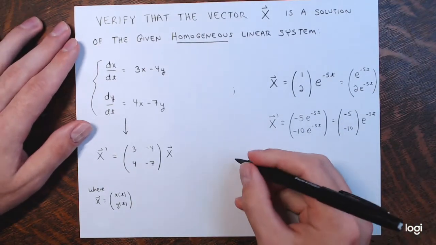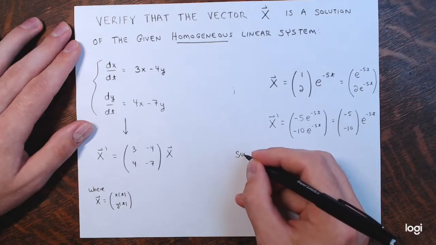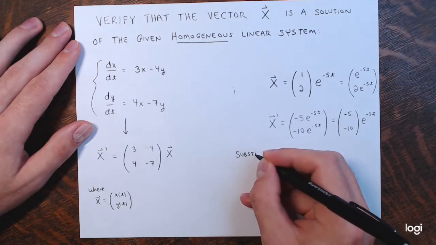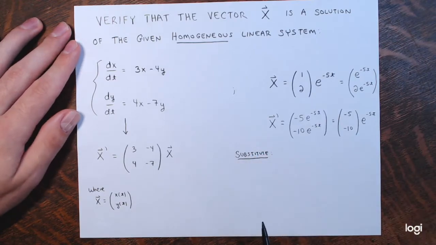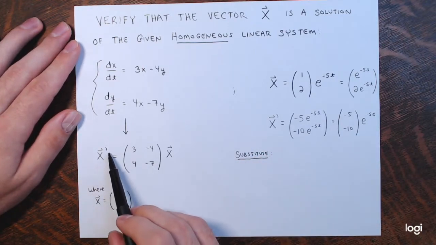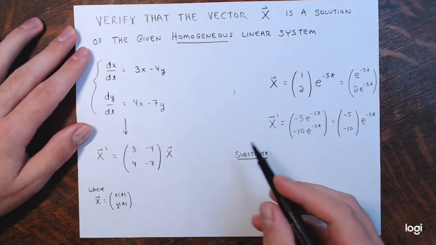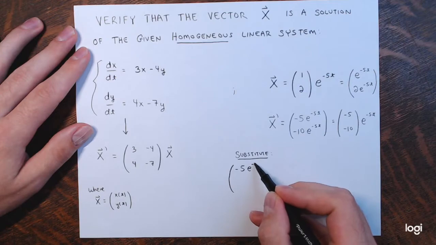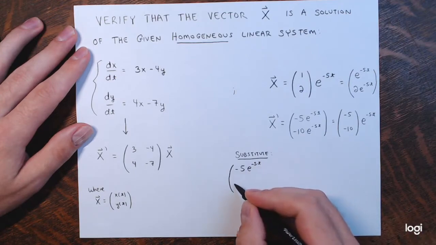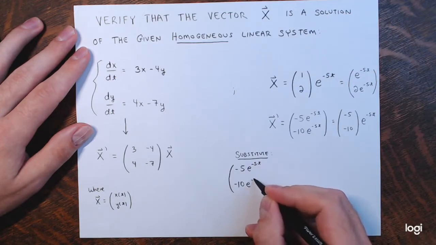Alright, so now I just substitute and check, is this equation going to be true with this particular vector? So x prime is -5 e to the -5t, -10 e to the -5t.